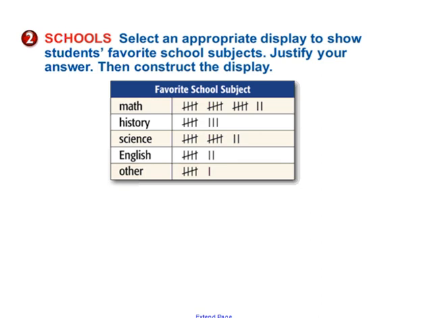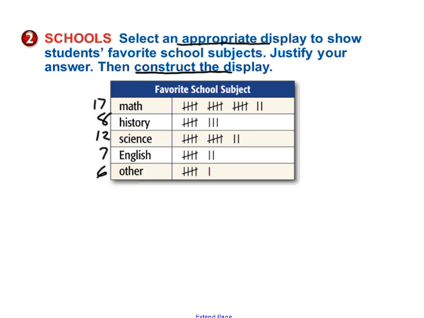On this one, I not only have to select the appropriate display, but then construct the display. I'm going to make a bar graph, and the bar graph is going to have 17 entries for math, 8 for history, 12 for science, 7 for English, and 6 for other.